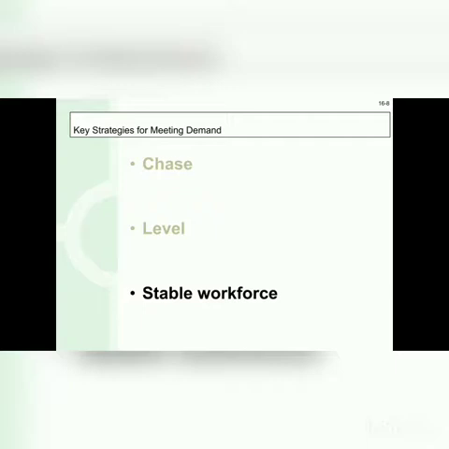In level, we will keep our production at a particular level and then keep the inventory and use it as and when required by the market. Stable workforce means we will keep the workforce stable and keep on producing, and we will have the inventory of finished product also, and when the demand fluctuates we will adjust accordingly.